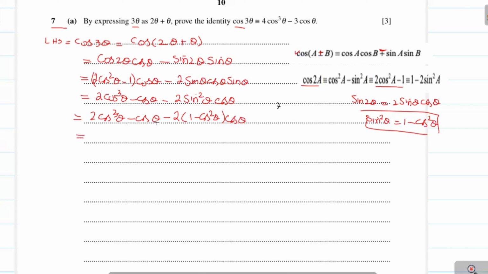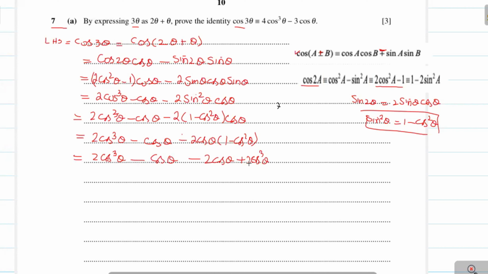Now we simplify more, we get 2cos³θ minus cos θ minus 2cos θ(1 minus cos²θ). Now we simplify this: minus 2cos θ(1 minus cos²θ) becomes minus 2cos θ plus 2cos³θ. And 2cos³θ is written as it is, minus cos θ is written as it is.